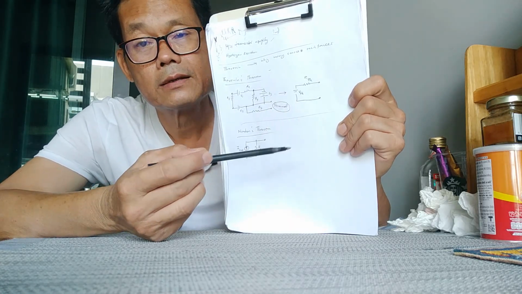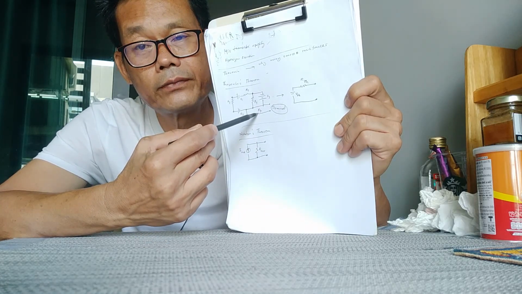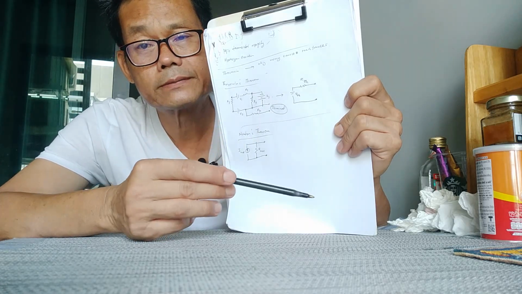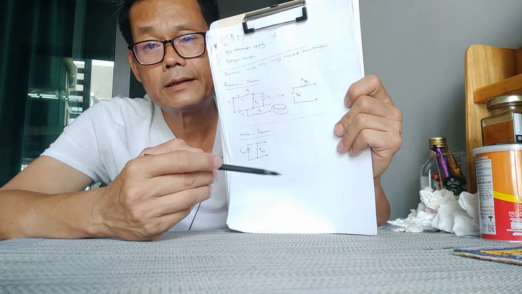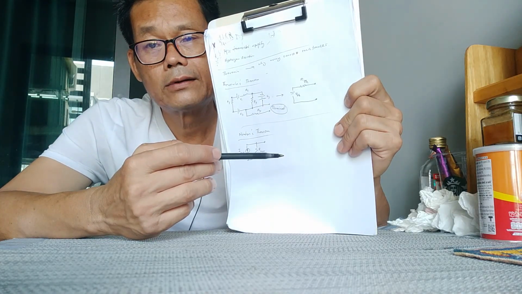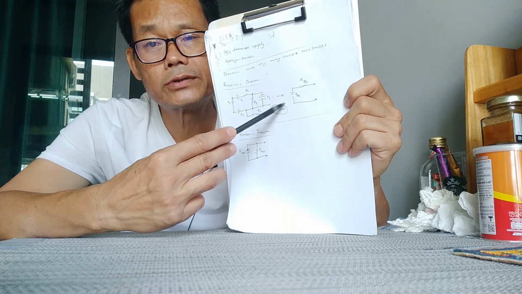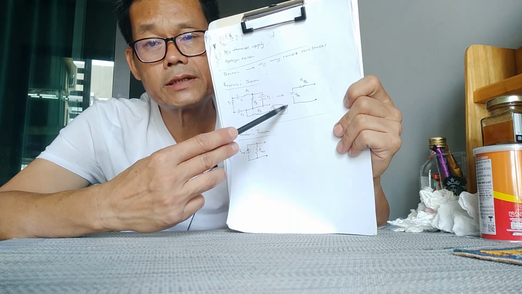Okay, by applying Thevenin's theorem, you're looking for VTH. You look for the open circuit. What does open circuit mean? You just focus on your output terminal, which means you have an output resistance of infinity.